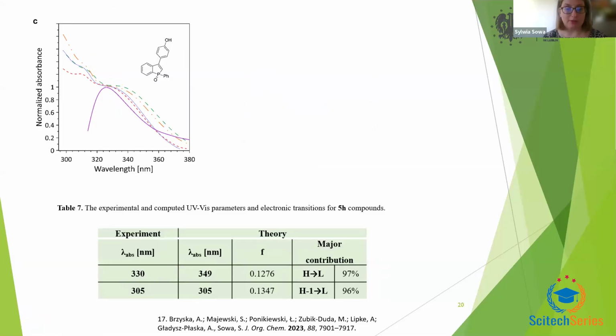We also supported the experimental data with the calculation of electronic transitions, and we can see that the absorption of the para-hydroxyphenyl benzophosphole oxides can have two electronic transitions, which are related with those levels, and they are supported with the energy differentiation in polar solvent.